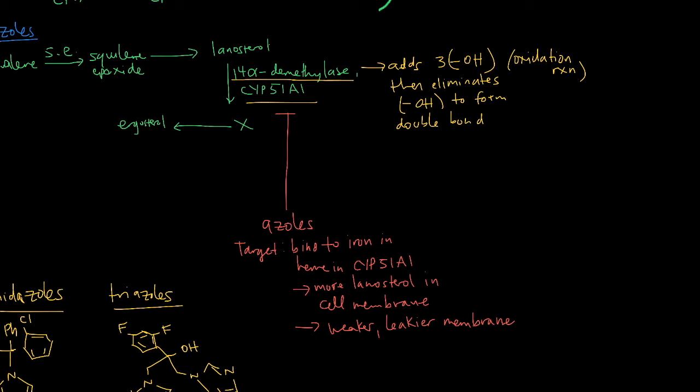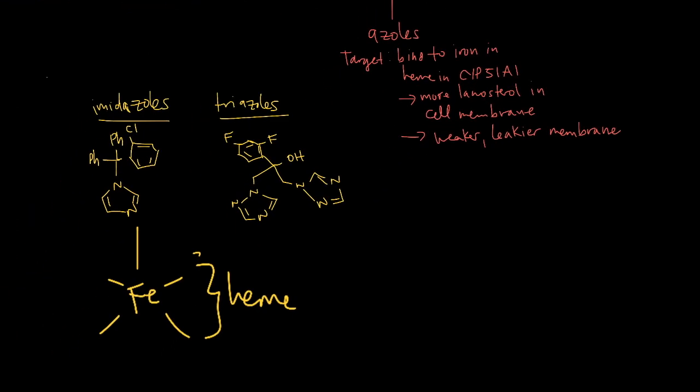There are two subclasses of azoles: the imidazoles and the triazoles. You can tell the difference. I drew these because there's a common scaffold of these drugs. Imidazoles have the imidazole ring right here, which is a 5-membered ring containing 2 nitrogens.